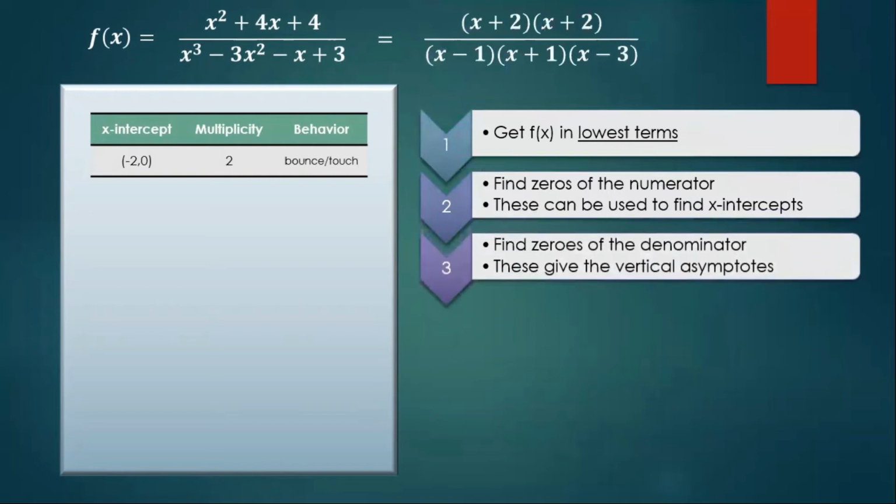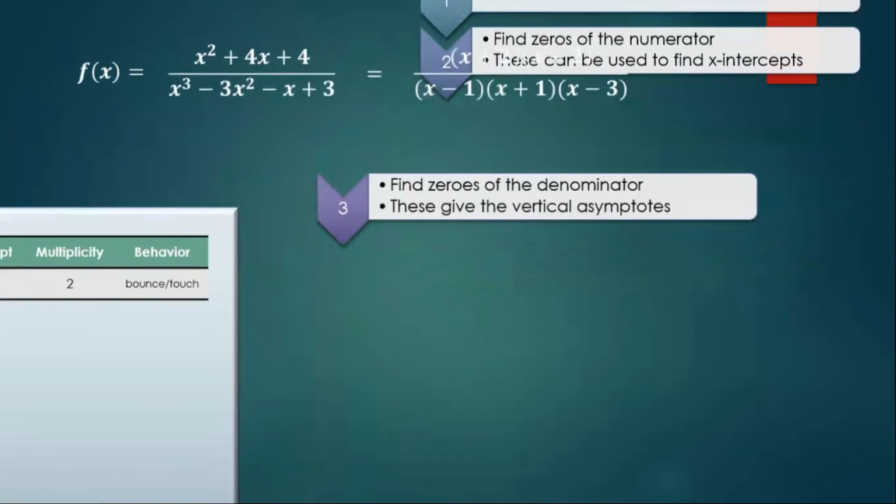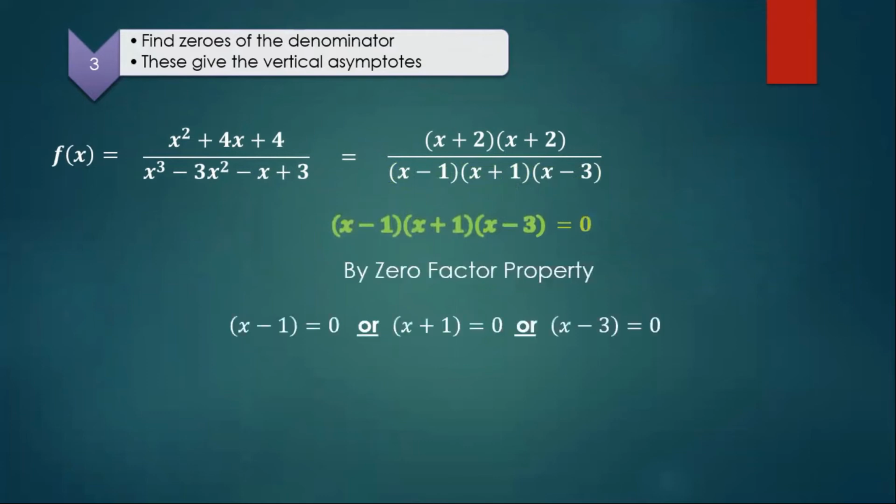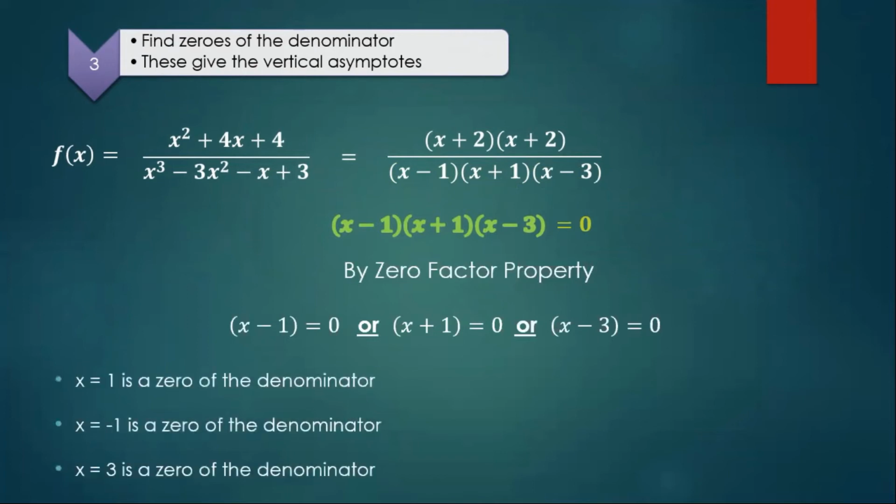Step 3. Find the zeros of the denominator. Again, as we've already taken the time to factor it, it's going to be pretty quick to actually find those zeros. Zero factor property says if any one of these factors are 0, the whole thing would be 0. So I get x equal 1, x equal -1, and x equal 3 all as zeros of the denominator.